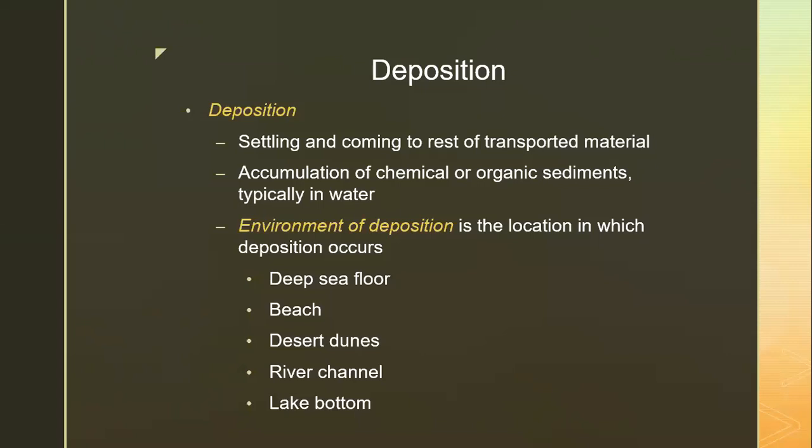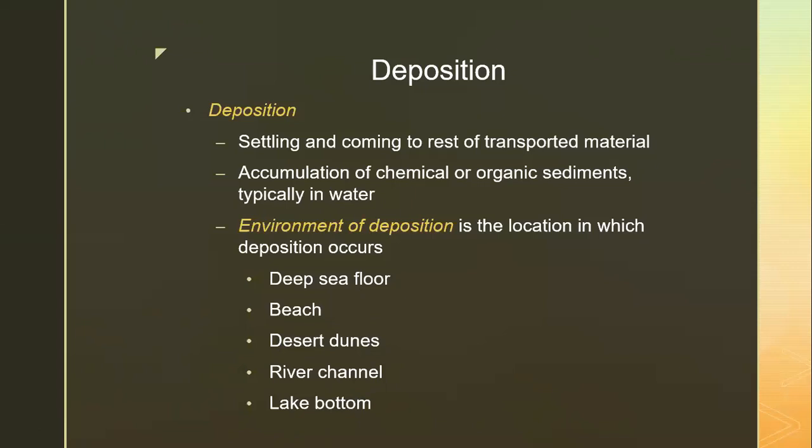There are multiple types of depositional environments, and each depositional environment will produce a different structure. For example, you might think the deep sea floor and a lake bottom might produce the same structure. In theory, they could, but they usually don't.